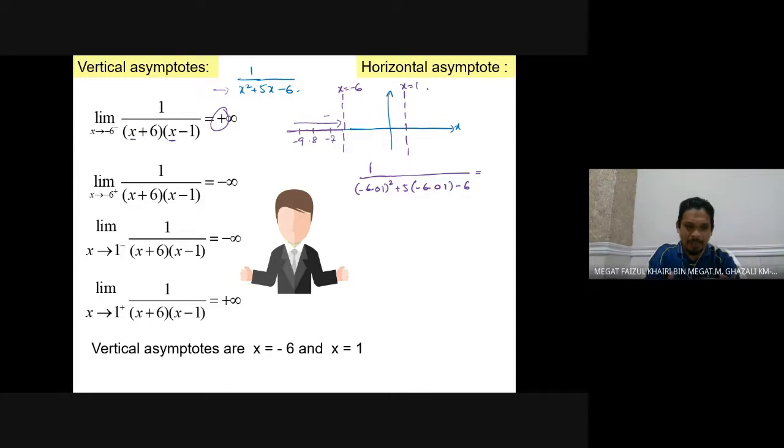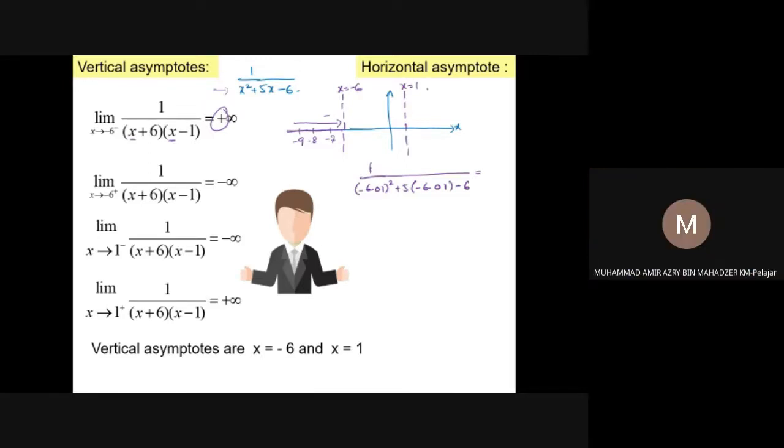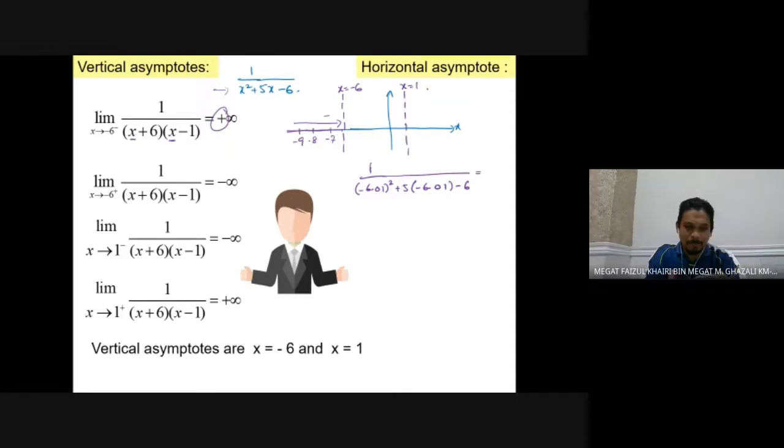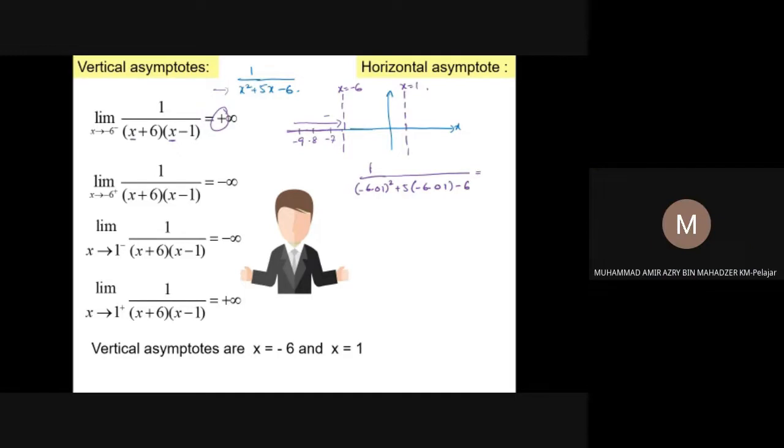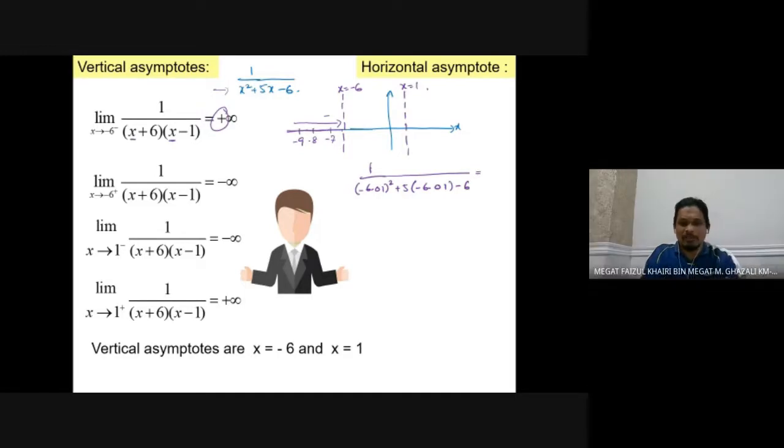If I use x plus 6 and x minus 1, negative 6.01 plus 6 and negative 6.01 minus 1. Dapat 14.265 kan? Ya. Okay, 14 is not a very big number, but it tells us that the value is positive.